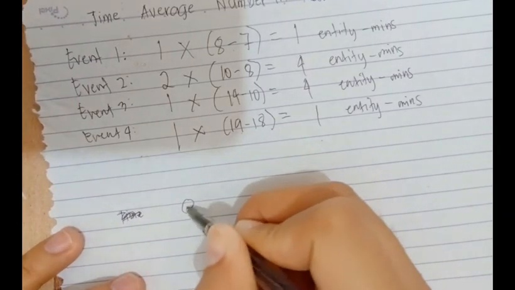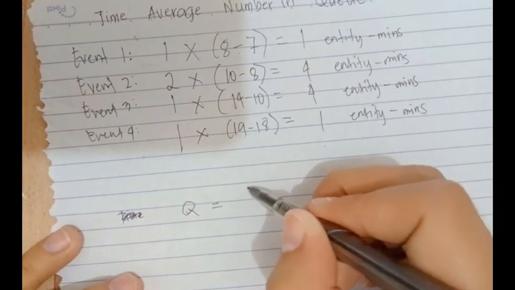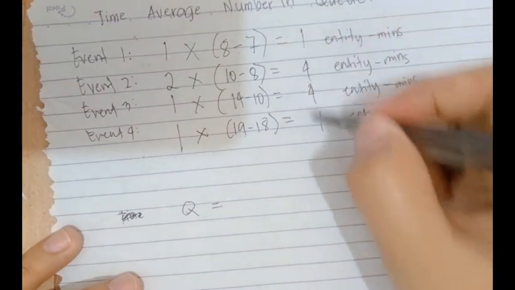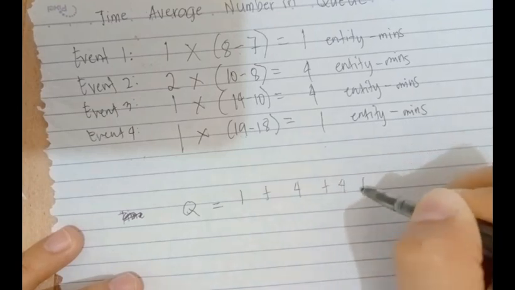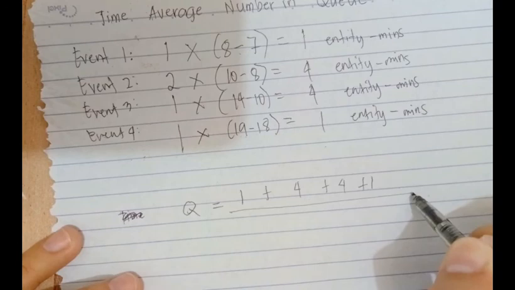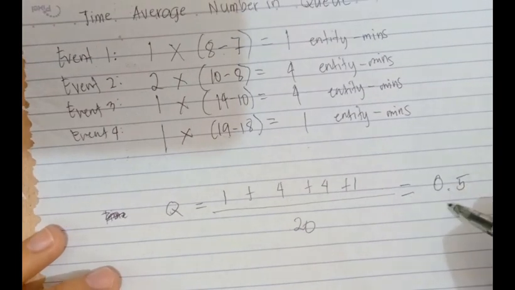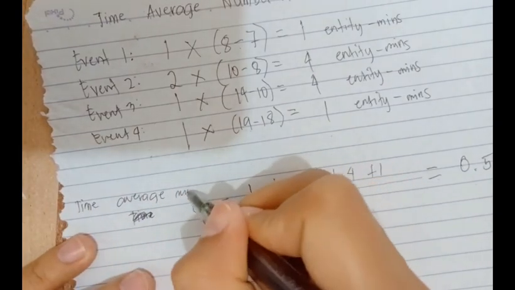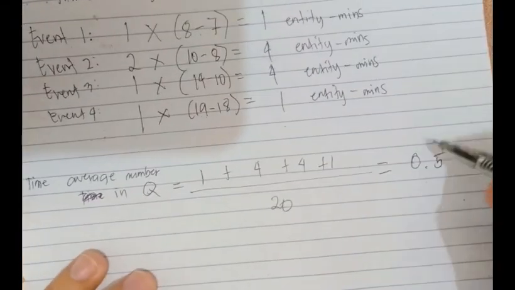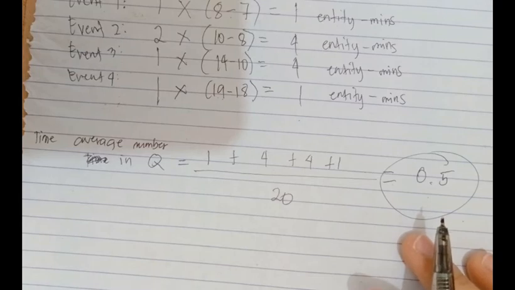Q equals the sum of all these, 1 plus 4 plus 4 plus 1, divided by the simulation time, which is 20 minutes. The answer will be 0.5. So this is the time average number in Q, 0.5. That's how you get the time average number in Q.